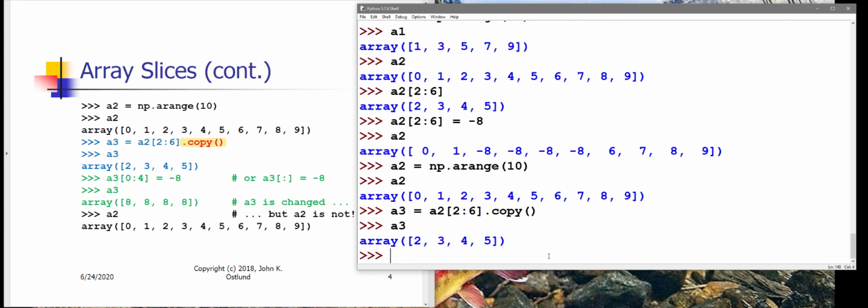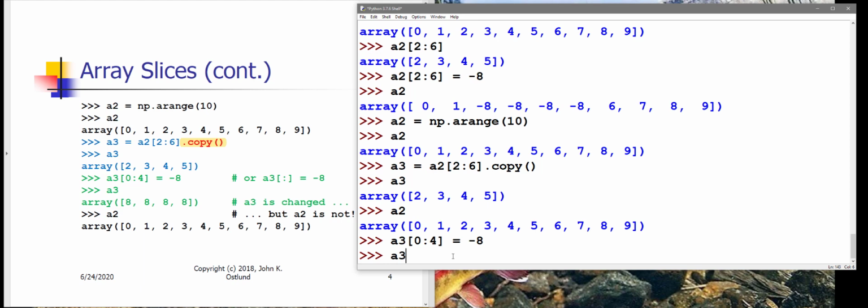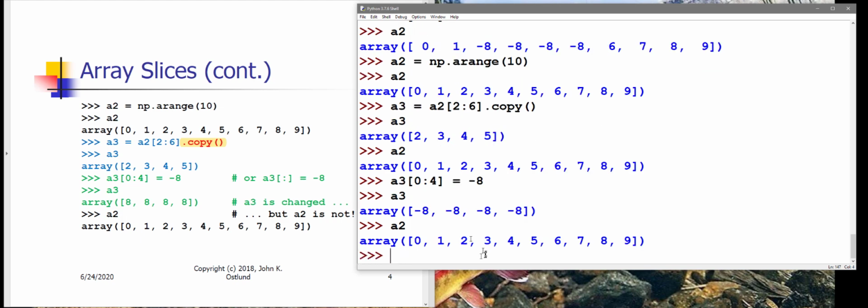So A3 is a separate ND array from A2. And if I now modify A3 sub 0:4, okay, 0, 1, 2, 3, up to but not including 4, to contain -8, that does modify A3, but it does not modify A2 because A3 is a copy of the 2, 3, 4, 5 from A2.